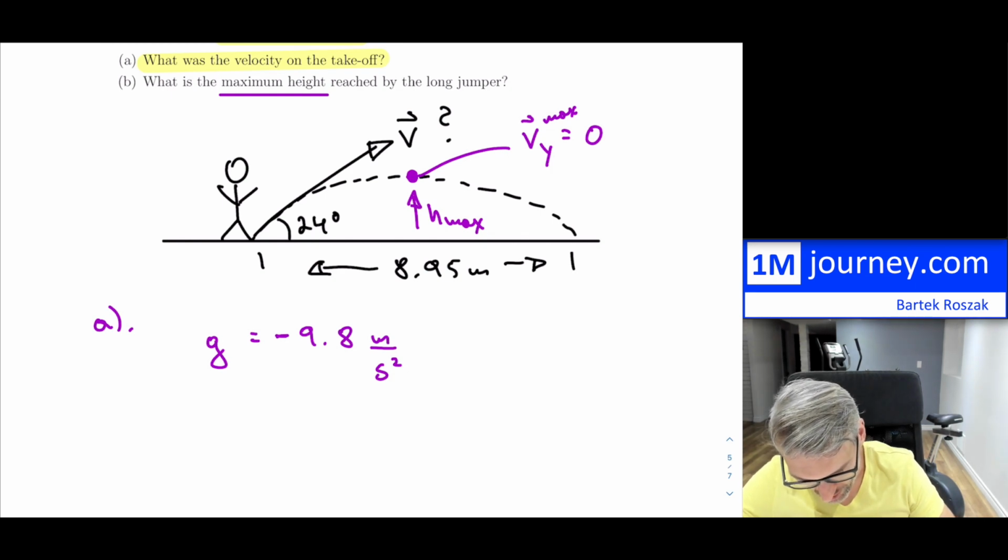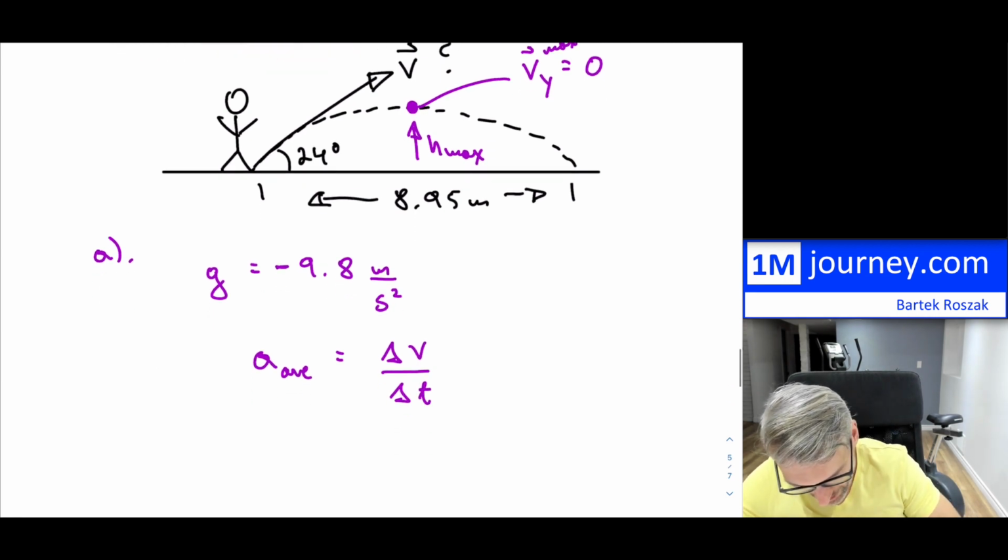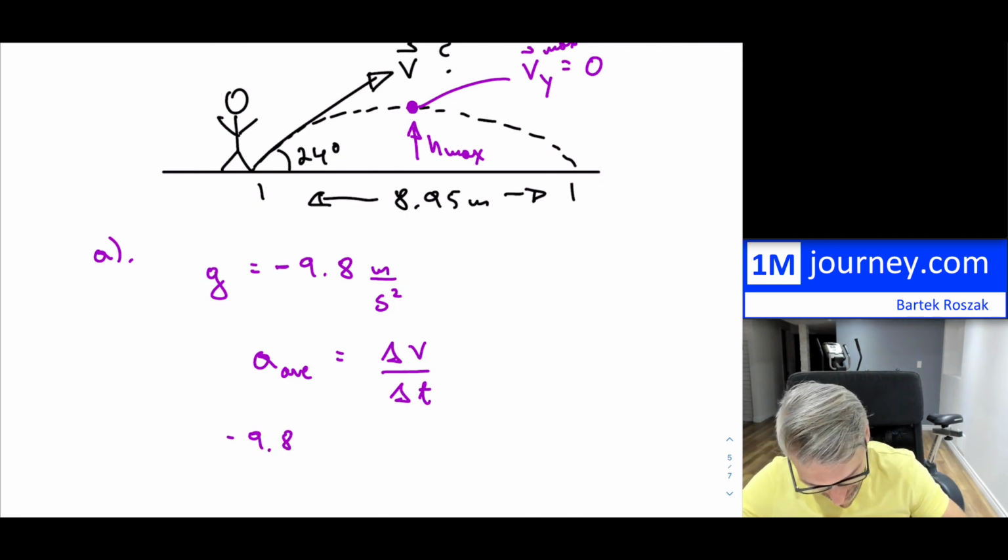Well, for projectile motion, what I can think of is I know that the average acceleration is equal to the change in velocity over the change in time. I know that this is negative 9.8 meters per second squared. So your final at the peak max is 0 minus whatever your initial one was.